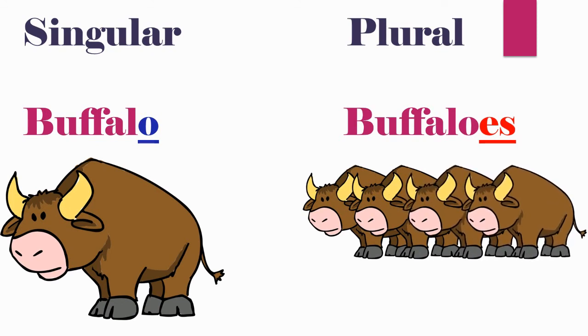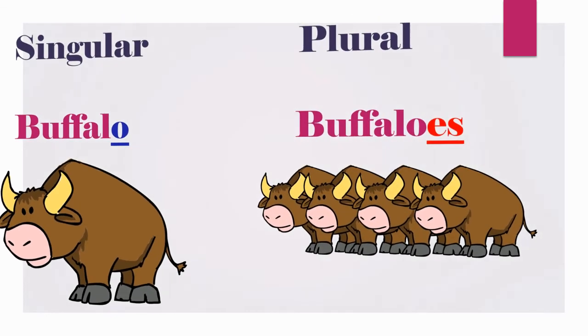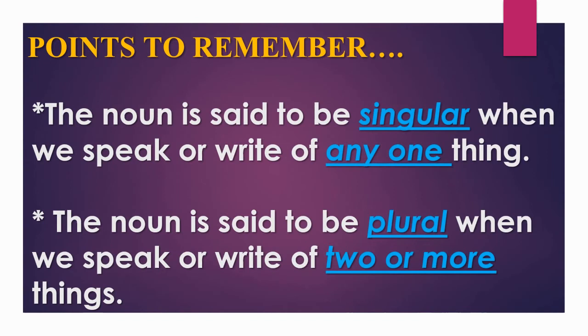Next, buffalo, buffaloes. The singular noun ends with o. So, I have added es to the singular noun to make it plural and hence it becomes buffaloes. Now students, you have to remember all these points.